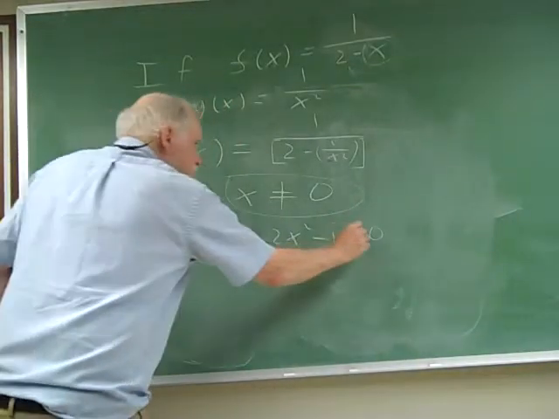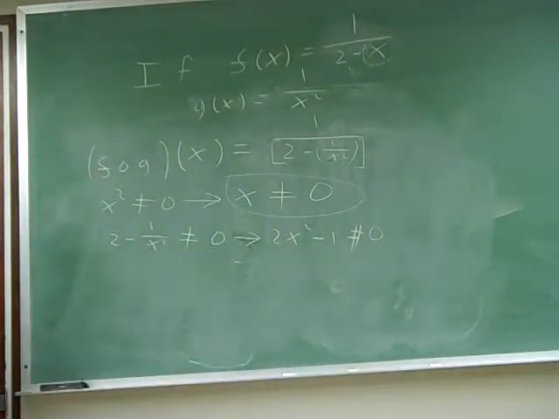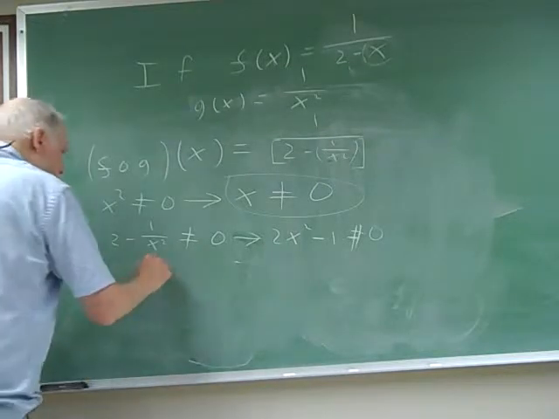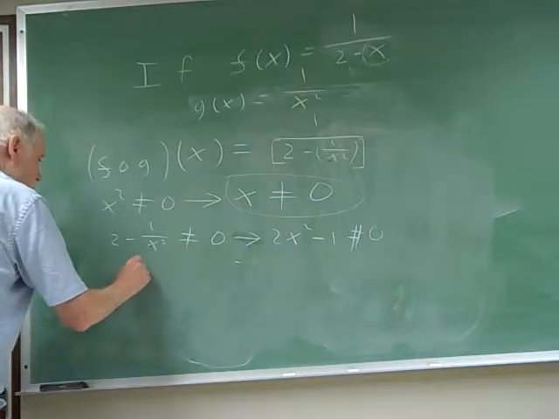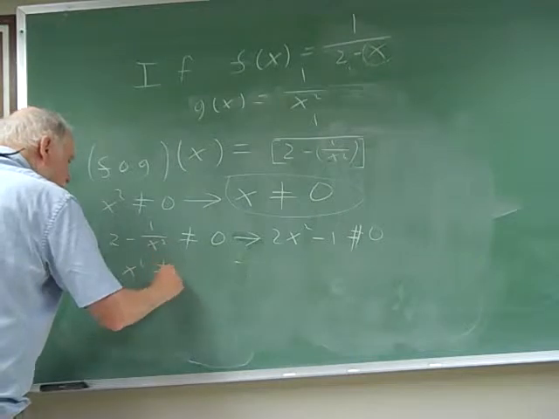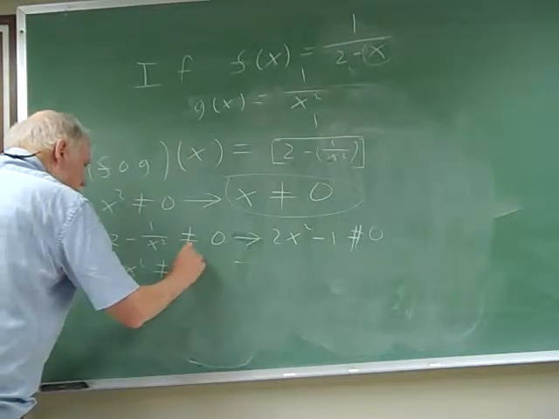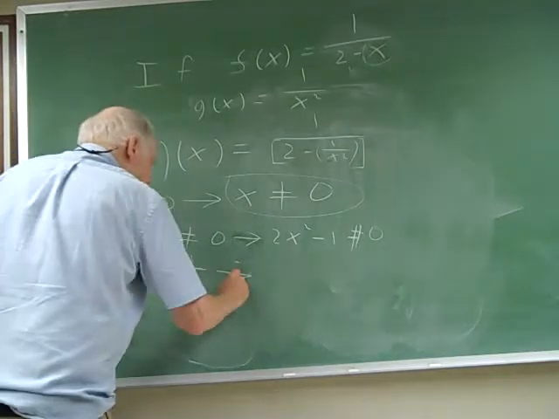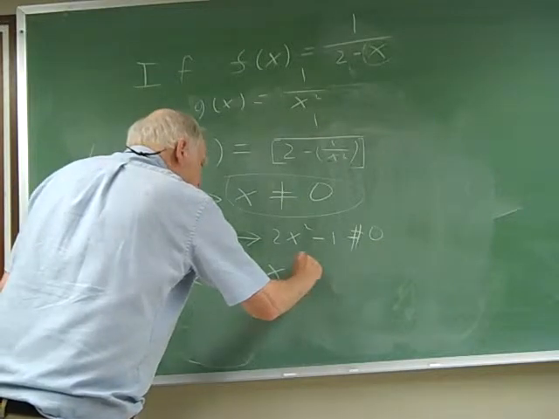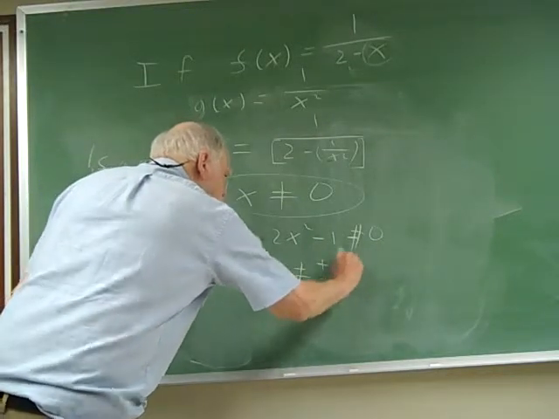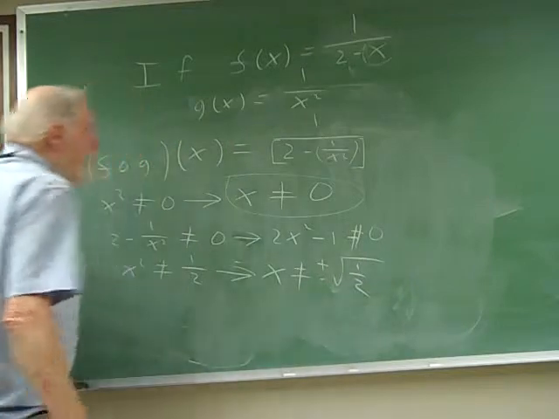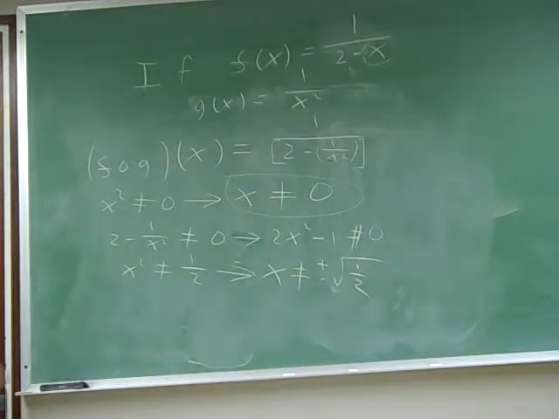Right? We multiply both sides by x squared. And when we solve for that, we will get x squared cannot equal 1/2, which implies that x cannot equal plus or minus the square root of 1/2. Because if it does, it won't be in the domain.